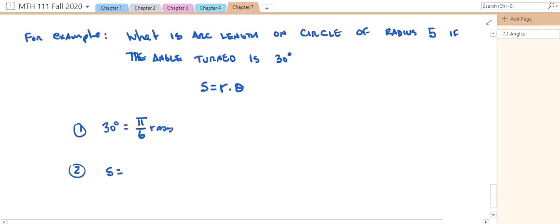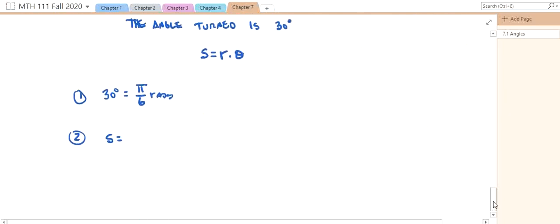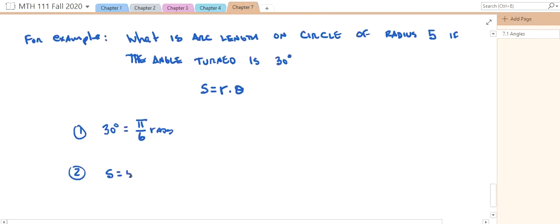So S equals the radius, which was 5 up there, 5 times pi over 6 equals 5/6 pi, which is approximately, now you can leave this just like this, that's an exact result.